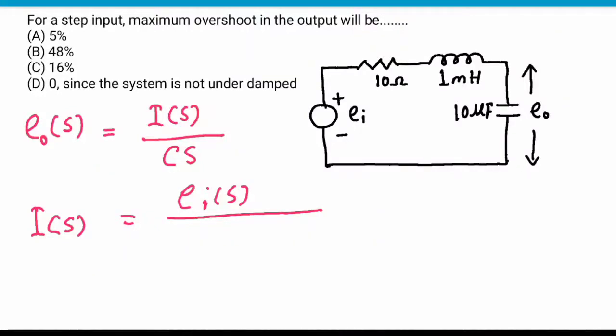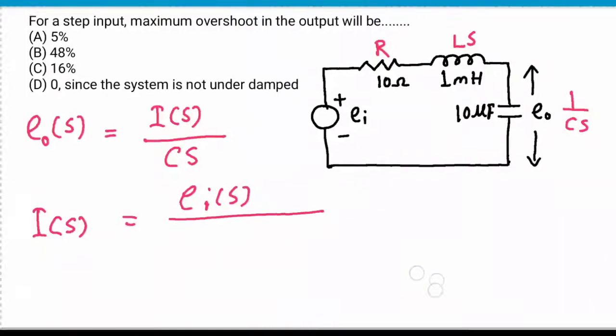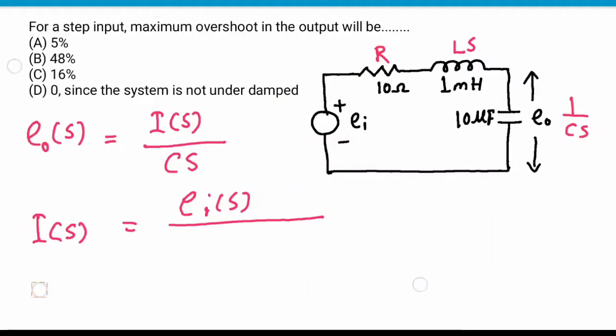In Laplace domain, R remains the same, L is Ls, and C is 1 by Cs. So this will be R plus Ls plus 1 by Cs.